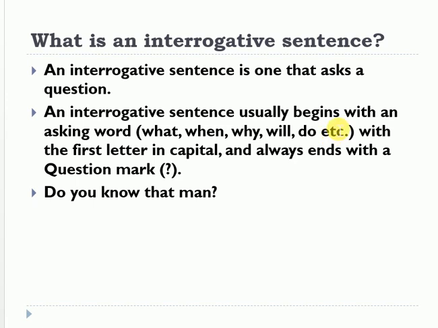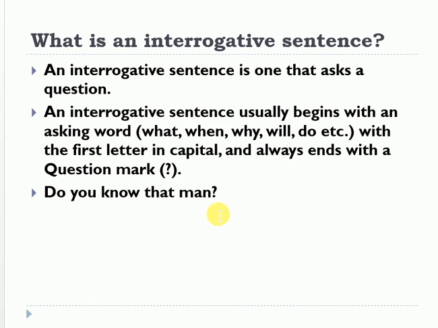If these auxiliaries come in the beginning of the sentence, that sentence would have the interrogative formation, and that would be an interrogative sentence. With the first letter in capital, it always ends with the question mark.